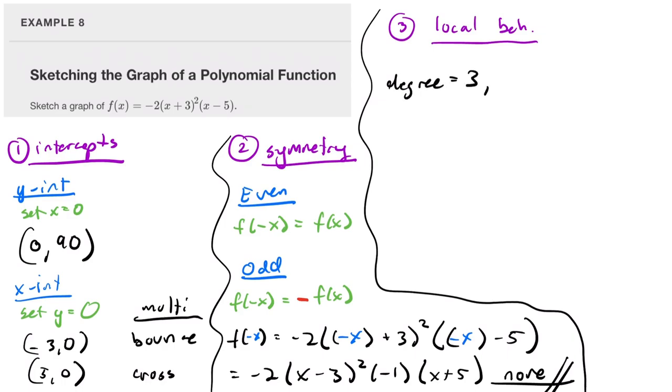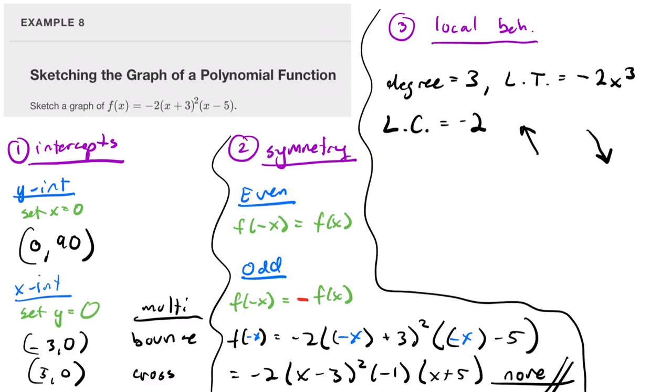So then our leading term, because you have to expand it out to find this, is going to be negative 2x cubed. So that means our leading coefficient is negative 2. Because our leading coefficient is negative 2, that tells us our graph goes down to the right. And because the degree of our polynomial is 3, which is odd, the other side does the opposite, so it should go up to the left.